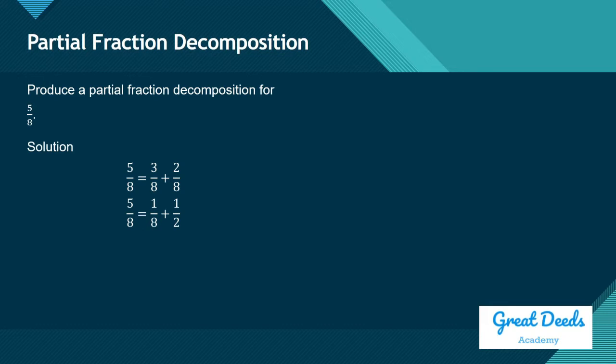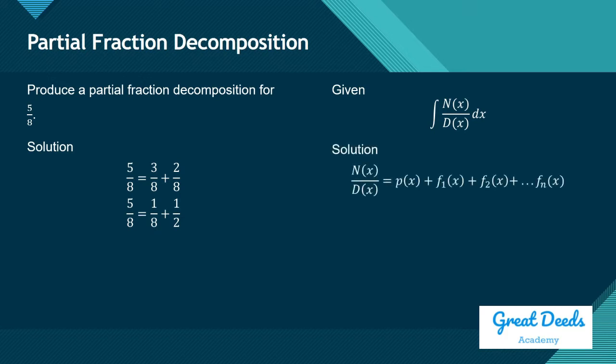When you are given a rational function, you want to produce a list of partial fractions whose sum is equal to your rational function. So for example, we must get the integral of this rational function n of x over d of x dx. What we do is we produce a list of partial fractions whose sum is n of x divided by d of x.